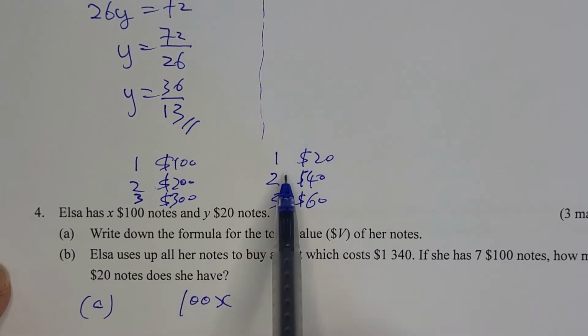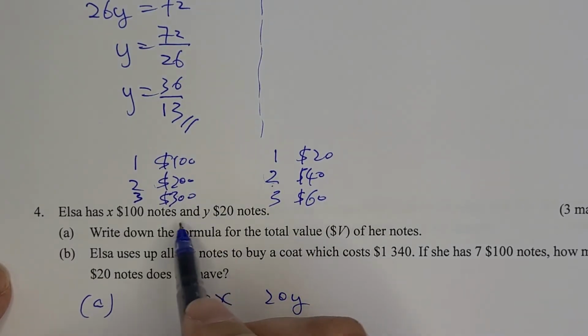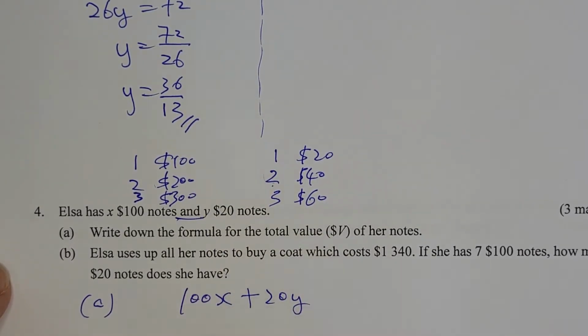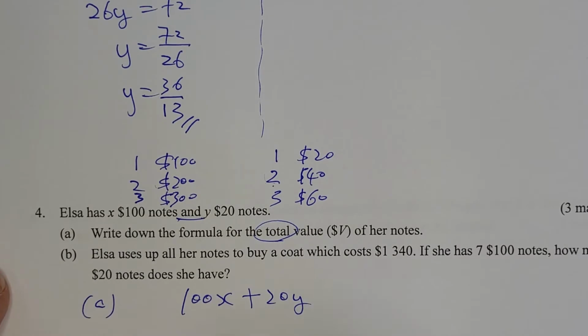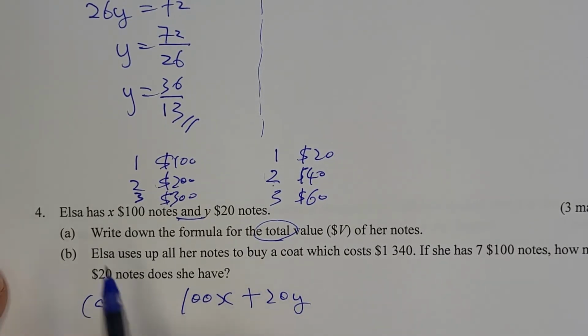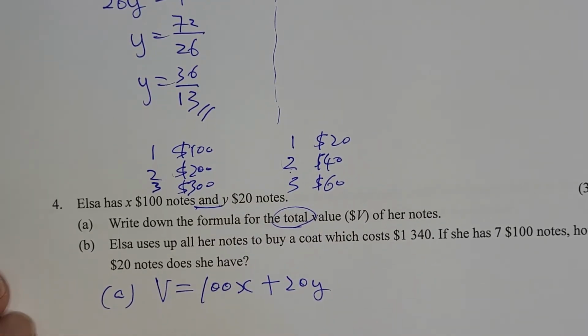That means you just multiply this number by 20, so 20y. Alright? And then you can add them together for the total value, keyword total. Write down the formula. That means you are not solving the equation, you just need to write something down. V equals this one. That is the formula you have.